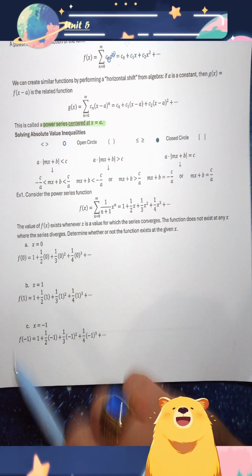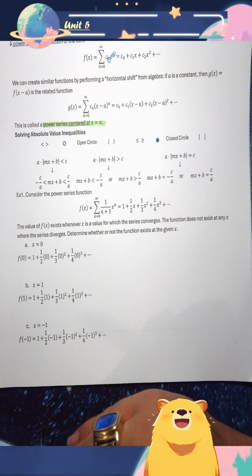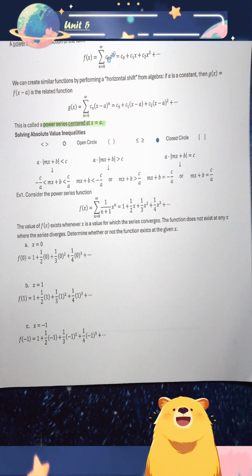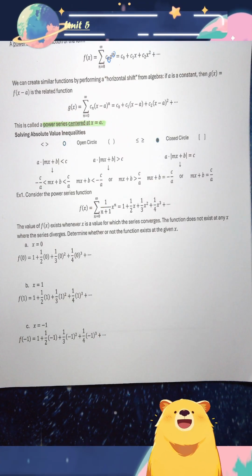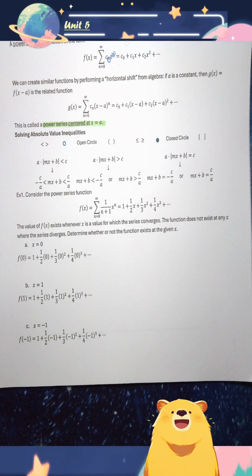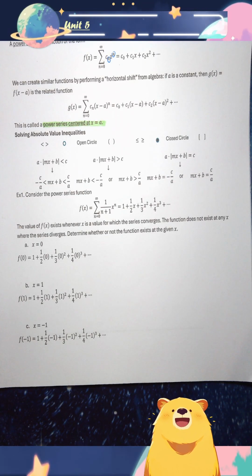So remember convergence and divergence, that's still going to be important here. If it equals an actual entry, then it's considered to be convergent. If it doesn't equal an entry, then it's divergent. Determine whether or not the function exists at the given x.